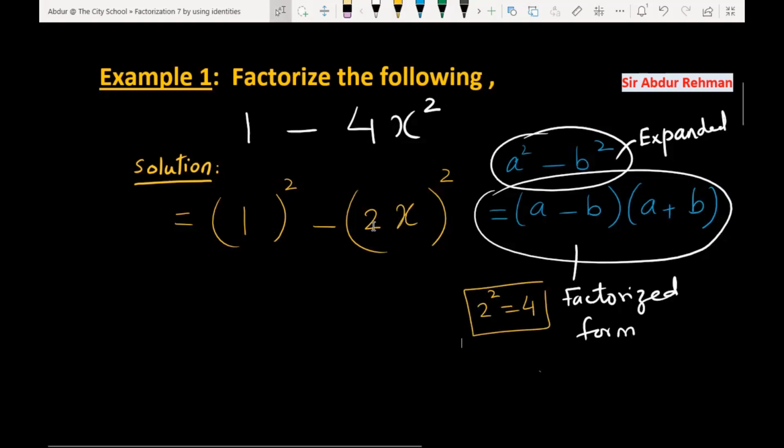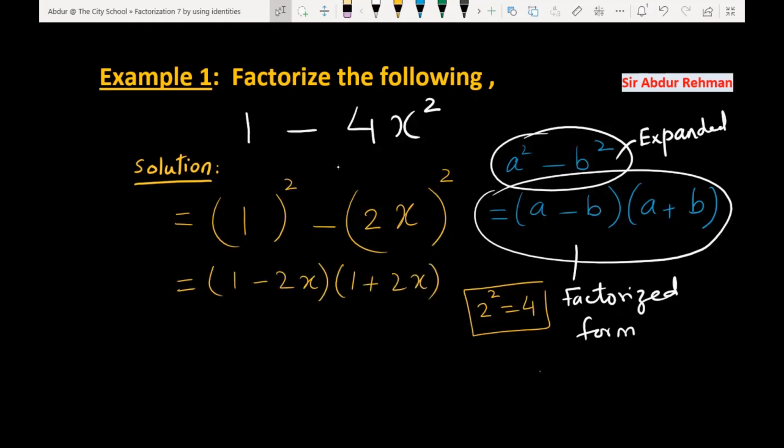Now this is the expanded form, 1 square minus 2x whole square. To write it in the factorized form, recall the formula a square minus b square equals a minus b times a plus b. The a is 1 here and the b is 2x here. So we can say 1 minus 2x times 1 plus 2x. This is the factorization of 1 minus 4x square.